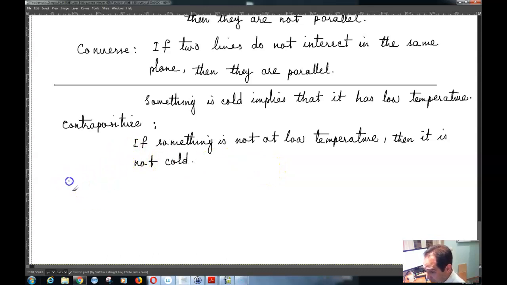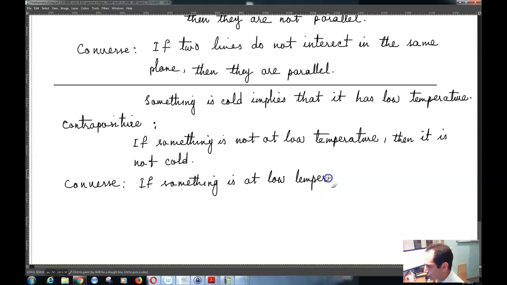And the converse of this would be if something is at low temperature, then it is cold.